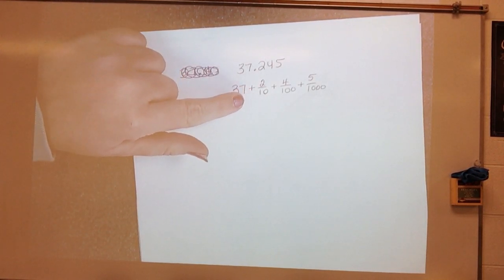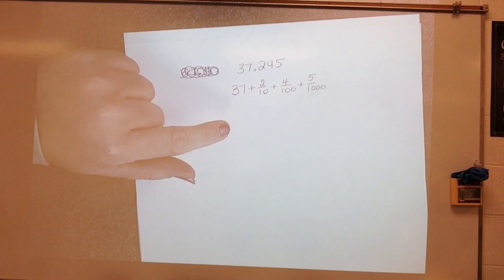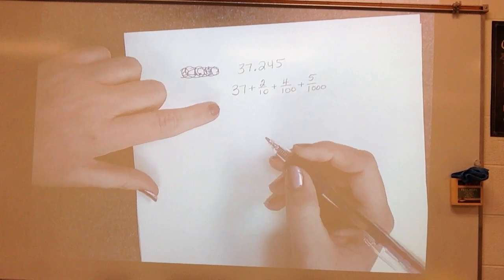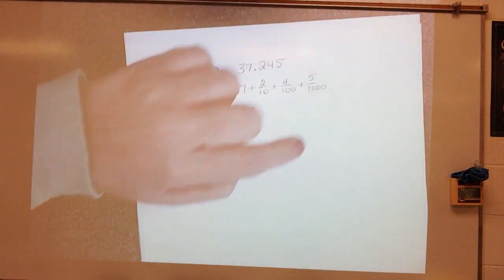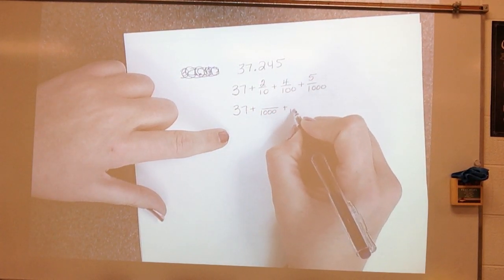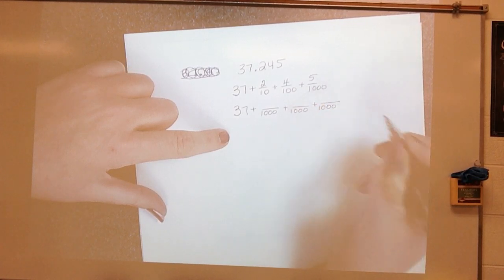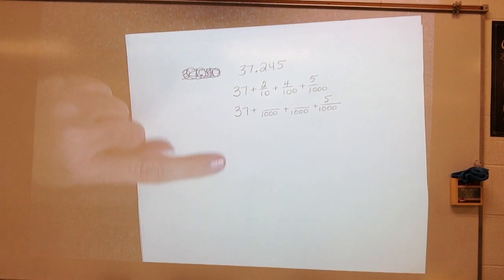Now, because of our previous knowledge of fractions, we know we have to get a common denominator. All right, so I have 10, 100, and 1,000. I'm going to have to use 1,000 as a common denominator. This one doesn't change, so I'm going to go ahead and leave that as 5.